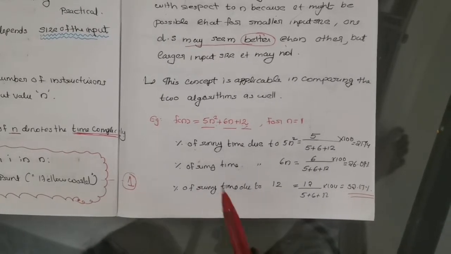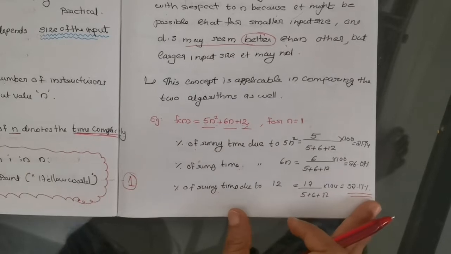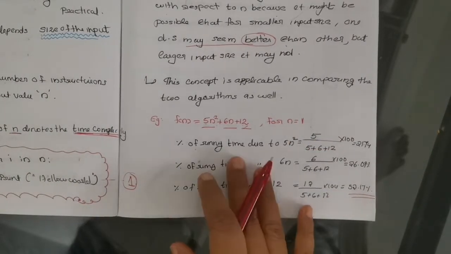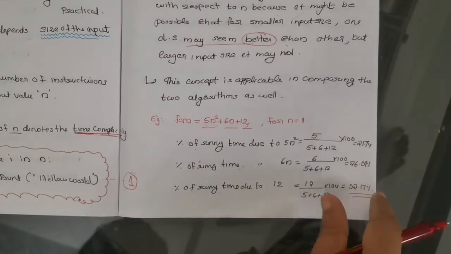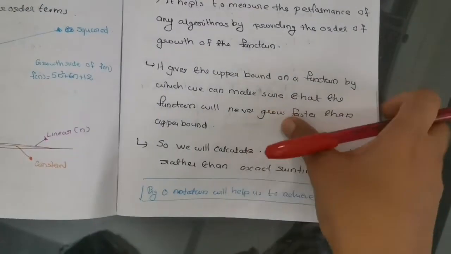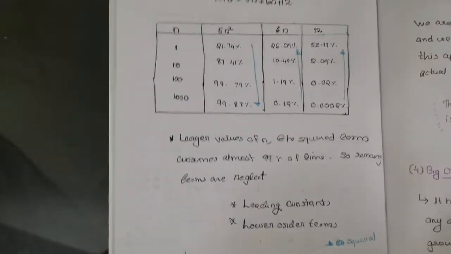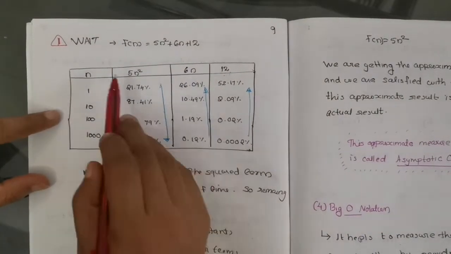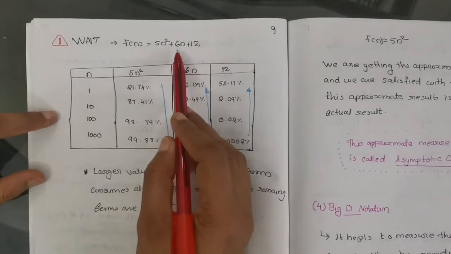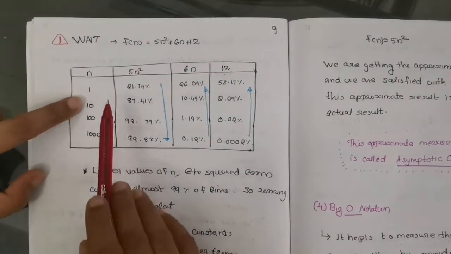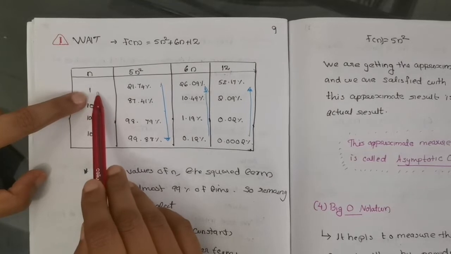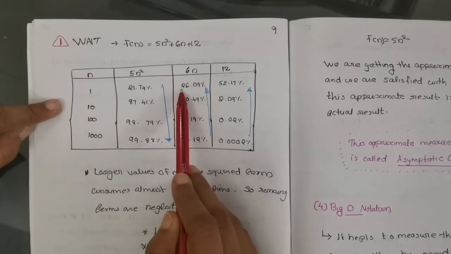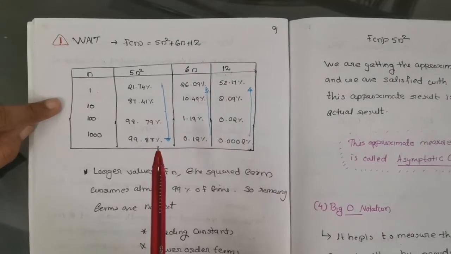But the twist is that it will change when the input size n is high. I will show you. You can see here, f of n equal to 5n square plus 6n plus 12. For example, if the input array size is 1, then it is 21%, 26% and 52%.